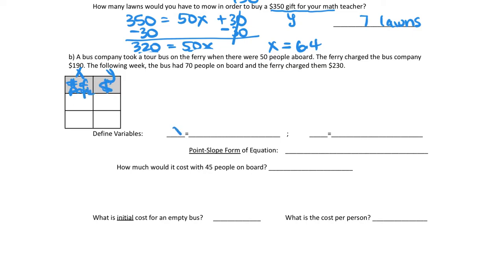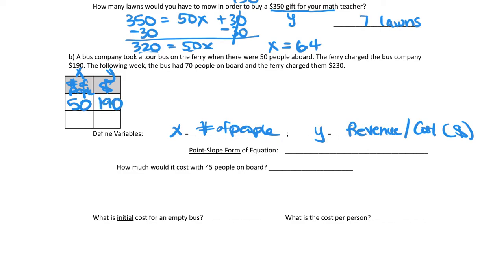We can define that down here as well. I'm going to call that our revenue, or you might say cost, and you know that that's going to be our money. And so when there were 50 people, it cost $190. And when there were 70 people, it cost $230.